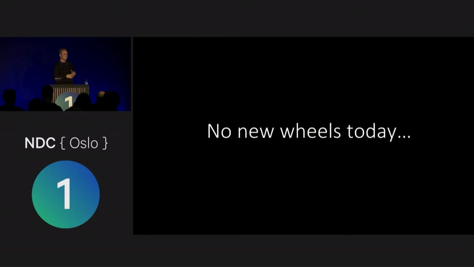So I'm not really going to reinvent any wheels here today. But what we will do is try to take those good ideas from all those people that have come before us and see how we can apply those ideas that we probably already apply to our regular C# code or Java or whatever you're coding in, and how we can apply those to Blazor as well. And that is what we're going to focus on today.